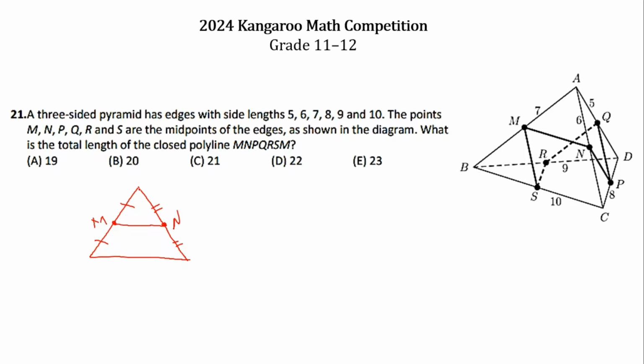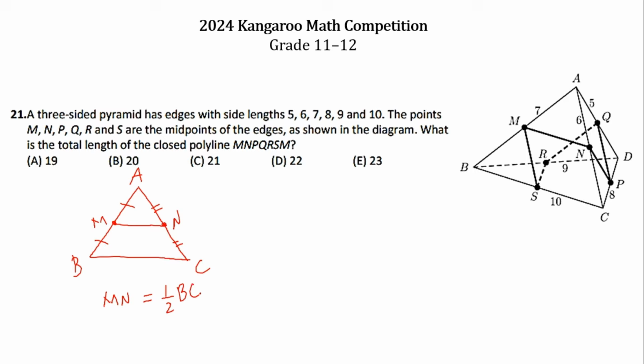So if the triangle is ABC, that means that MN is equal to 1/2 BC. Okay, so now we will apply this theorem to the problem.